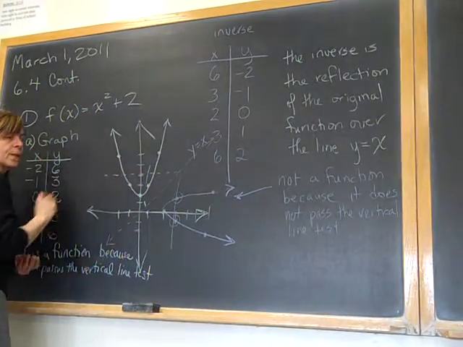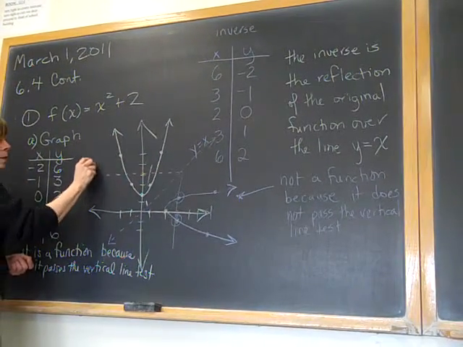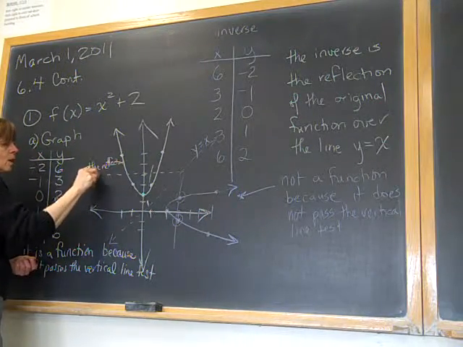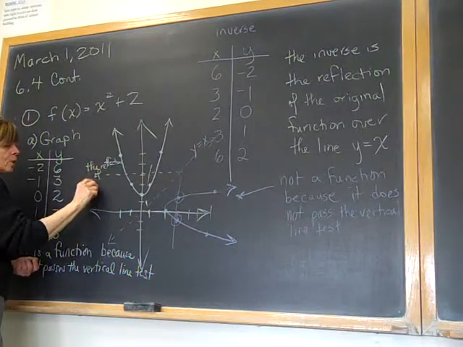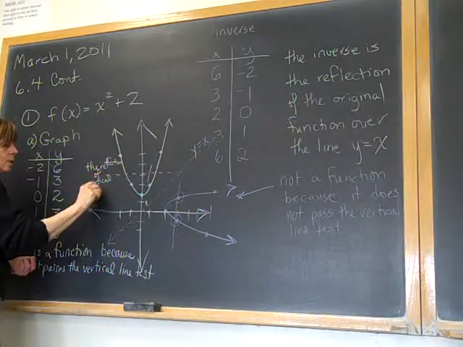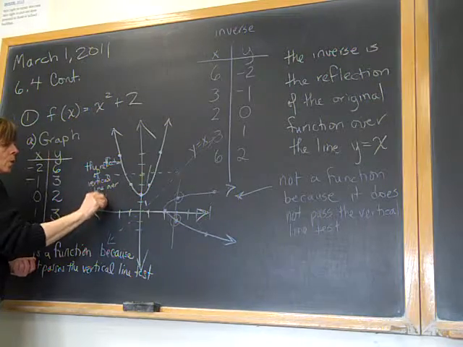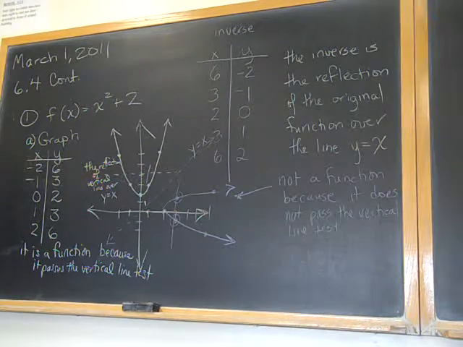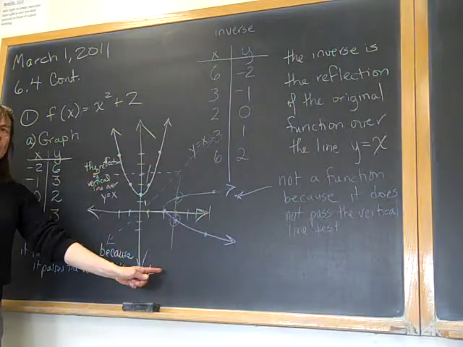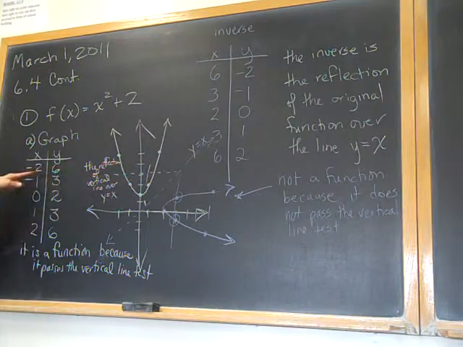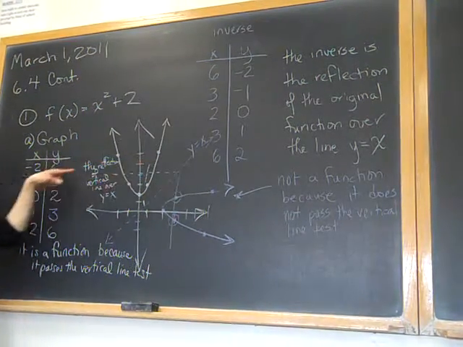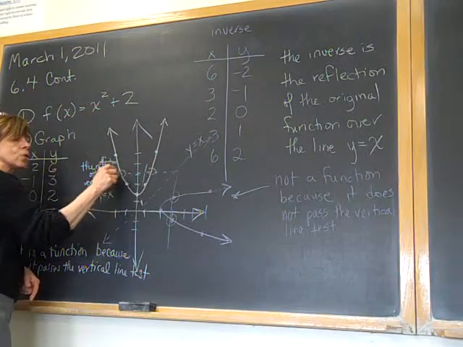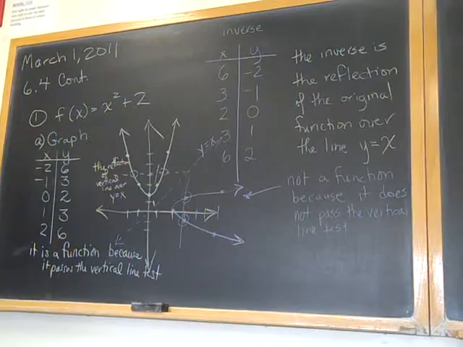So it would look something like this. This would be the reflection of the vertical line over y equals x. And it's now what type of line? This is vertical. This is horizontal. And notice that horizontal line hits the original graph in 2 places.